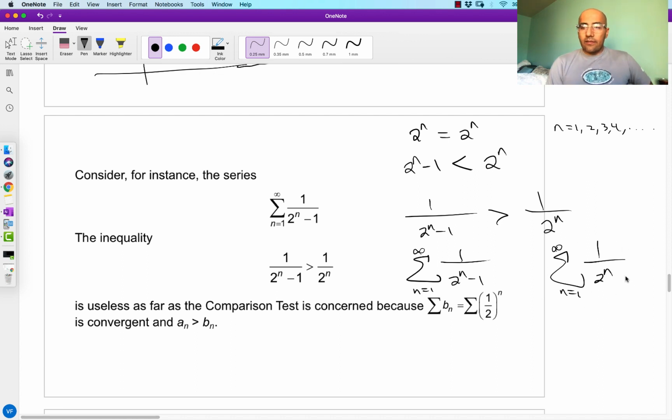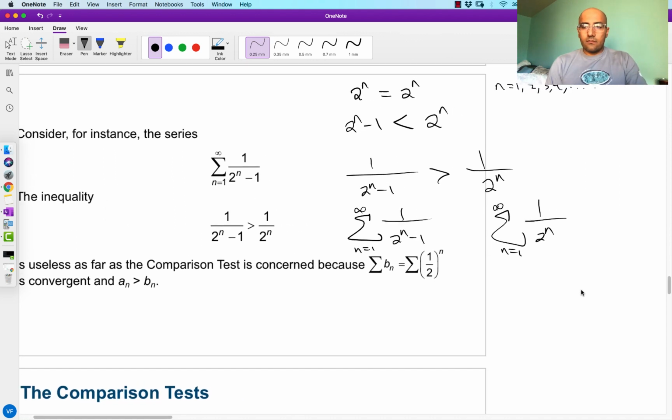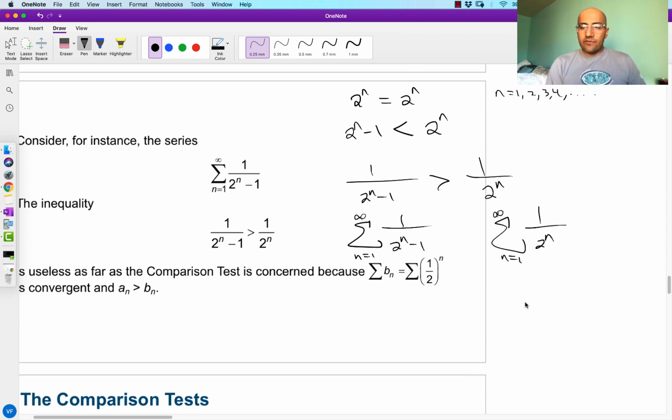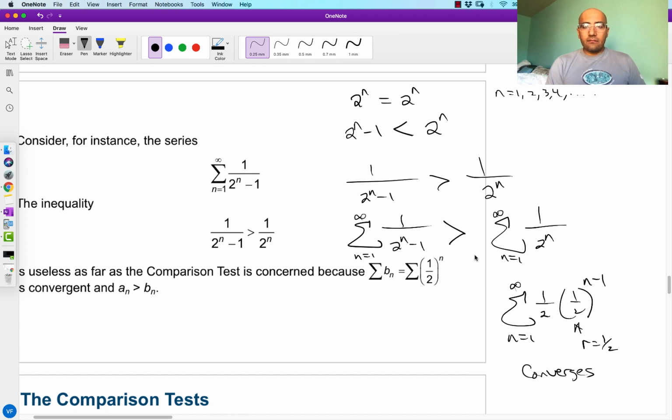Okay, well, this guy is a geometric, as we've seen before, where r equals a half. And so we know it converges by it being a geometric. Converges. Okay, but this is bigger than that.